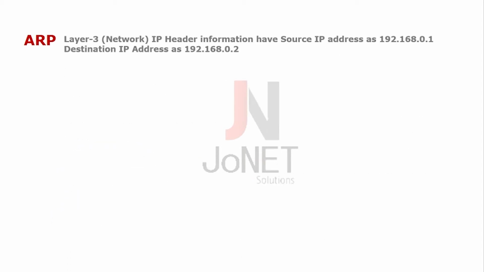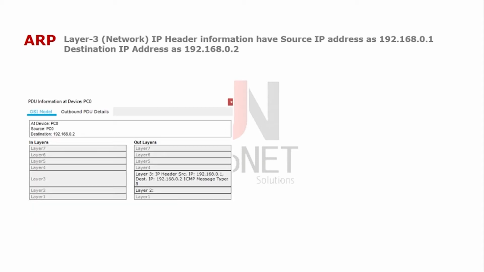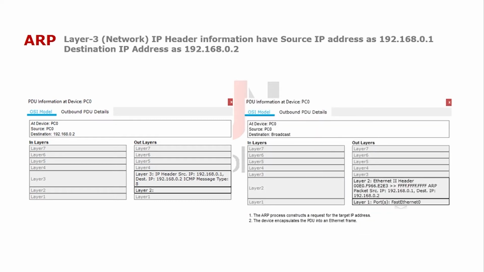In the layer 3 network IP header, the source IP address is 192.168.0.1, that is PC0's IP address. The destination IP address is 192.168.0.2, that is PC1's IP address. This is a layer 3 protocol because we are using ICMP with the help of ping.